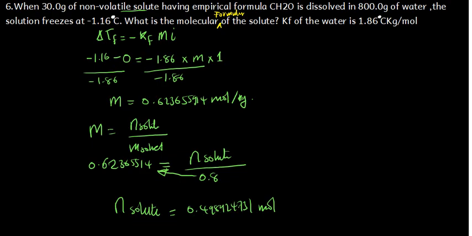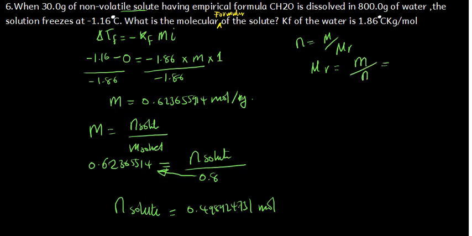Okay, now another thing that we need to determine is the molar mass of this compound. How do we find the molar mass? We know that number of moles is mass over molar mass. So from here we can determine that molar mass is equal to the mass divided by the number of moles.